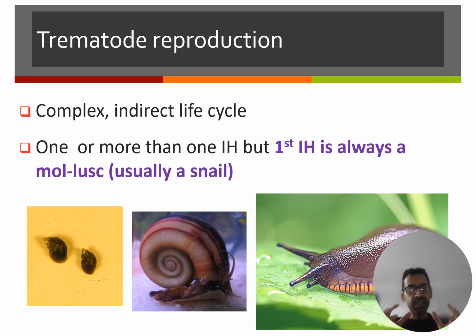Trematodes are another important group of helminths. Trematodes have a complex indirect life cycle with one or more intermediate hosts, and the first intermediate host is always a mollusc, usually a snail.